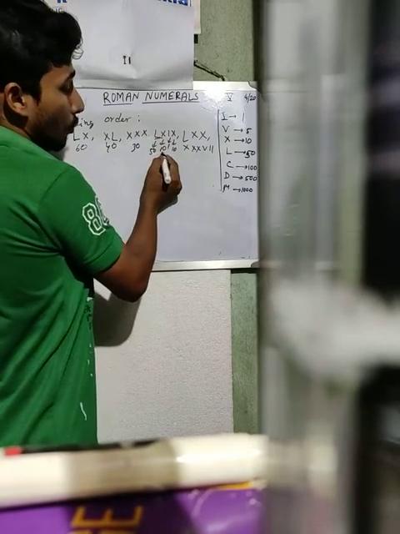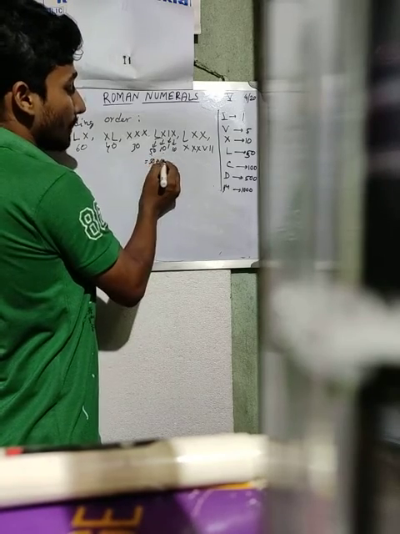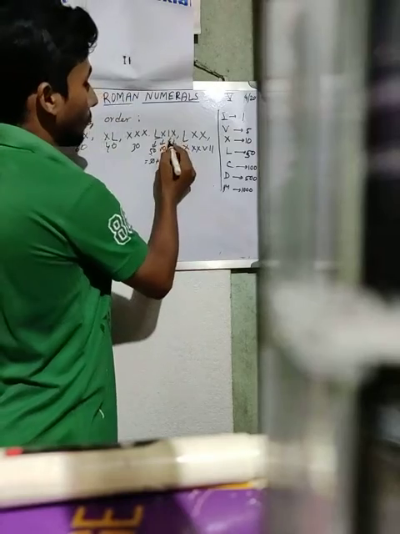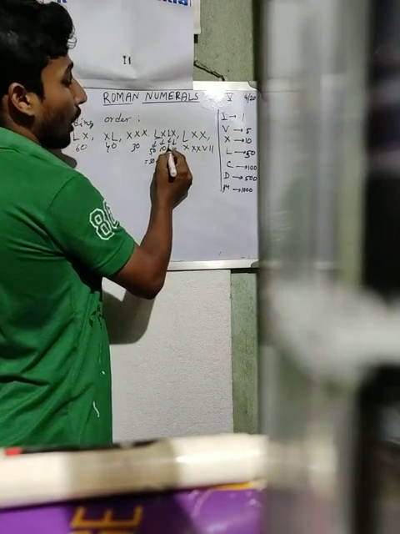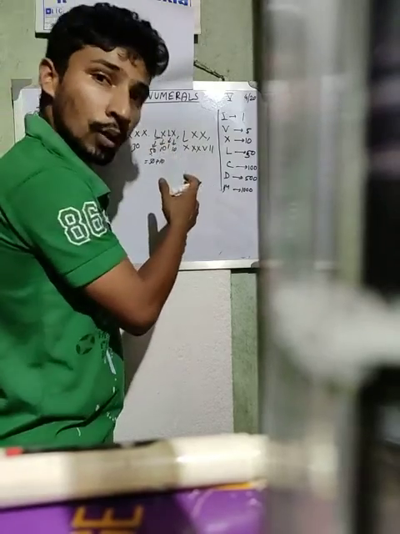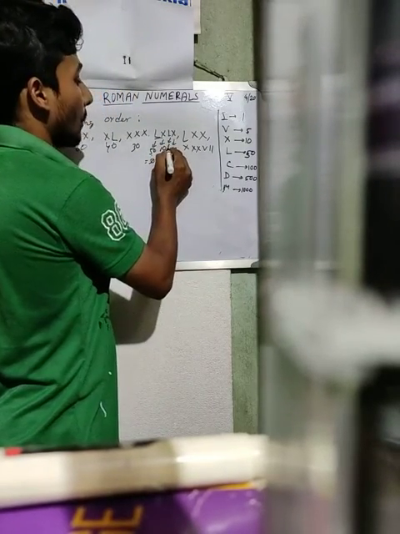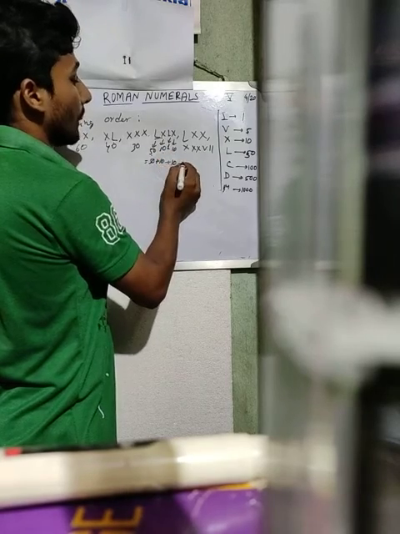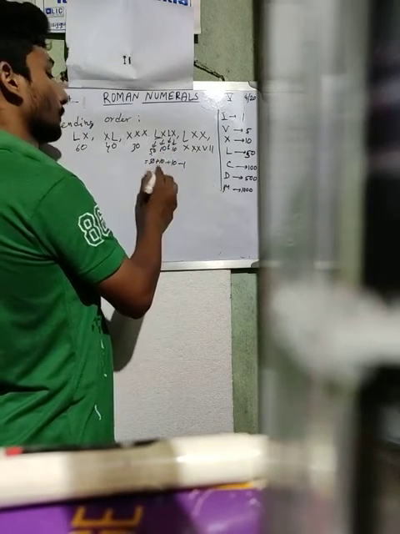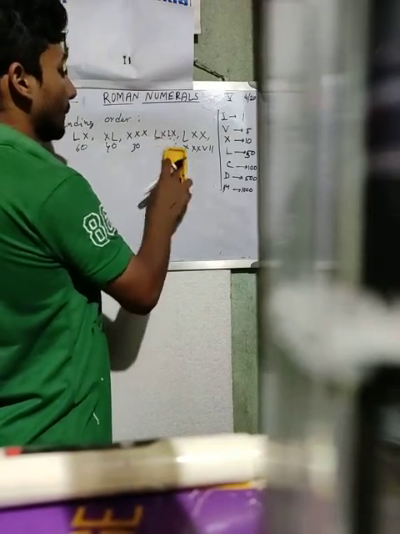For the first two, the smaller one is placed at the right side of the larger one, so it will be added: 50 plus 10. Now look at this I. The smaller one is placed between two larger ones, then it will be subtracted from the following one. Rule number 4. So 1 must be subtracted from the 10. So 69. The value of LXIX is 69.